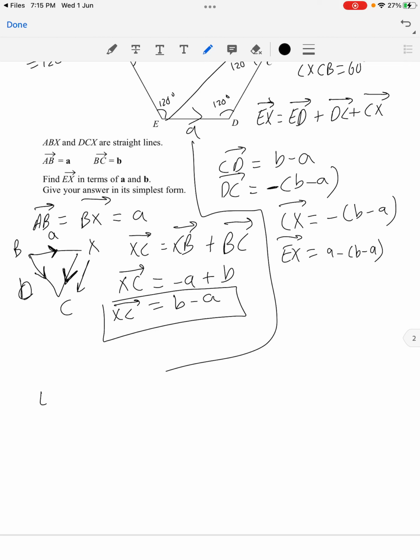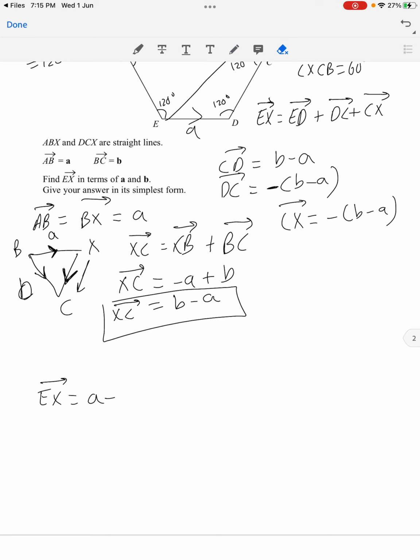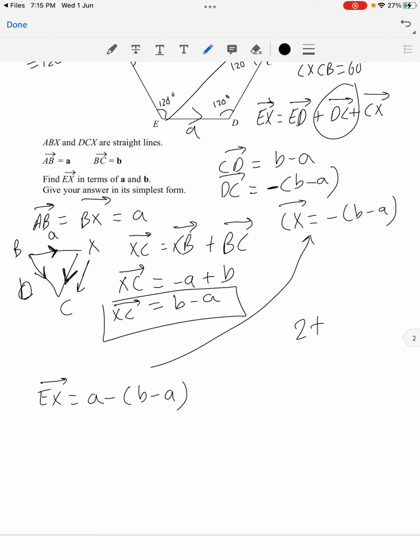Okay, we're going to say that EX is equal to A minus, this is connected with this part, okay? I'm just going to draw a nice arrow there so you can show the connection. So A minus B minus A, alright, because this is DC and it's minus B minus A. It's just like when you add 2 plus minus 2, they end up subtracting each other, so 2 minus 2. So using that same analogy, we're just solving this question, okay?